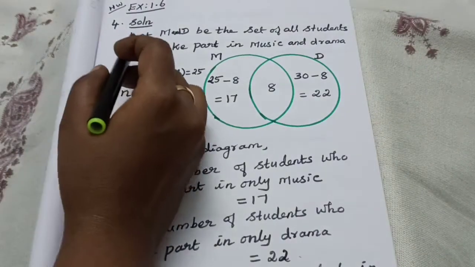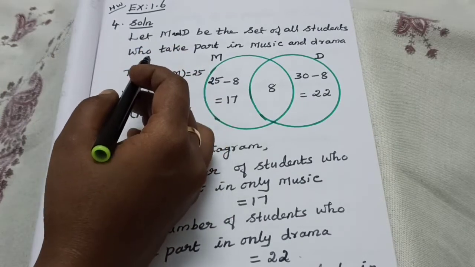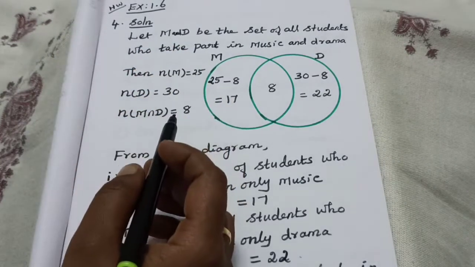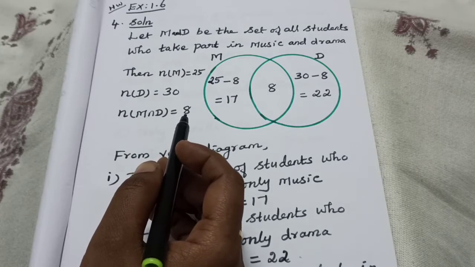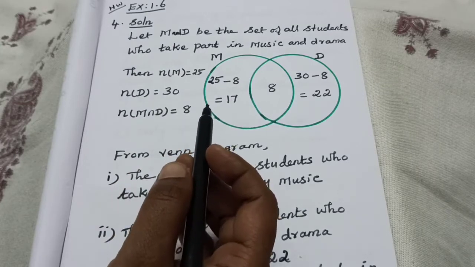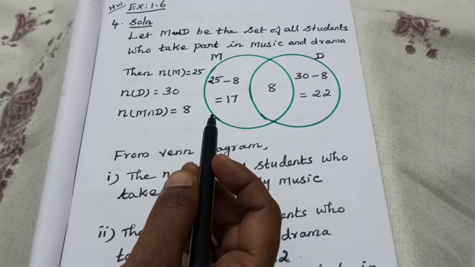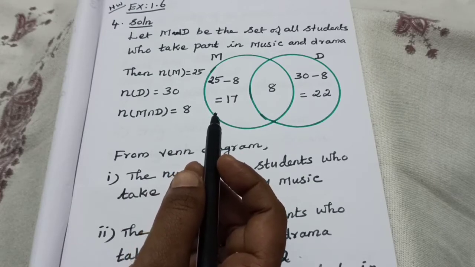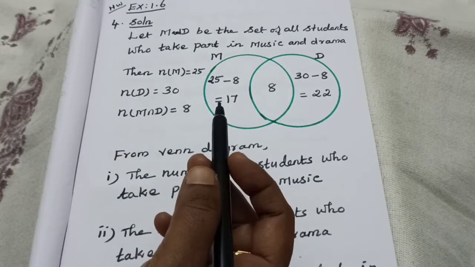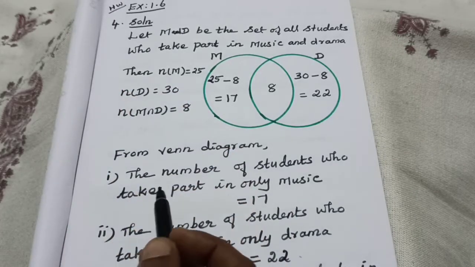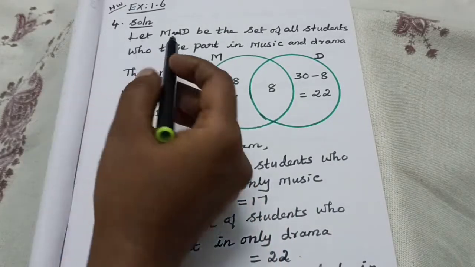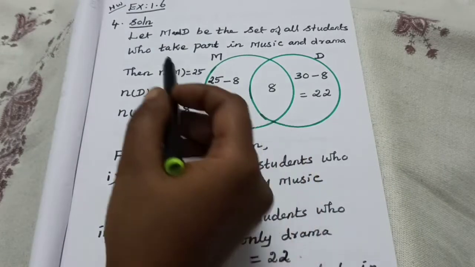Next, take the fourth sum. In a class, all students take part in either music or drama or both. 25 take part in music, 30 students take part in drama, and 8 students take part in both music and drama. Three questions are given here. Take the fourth question and check the answers.